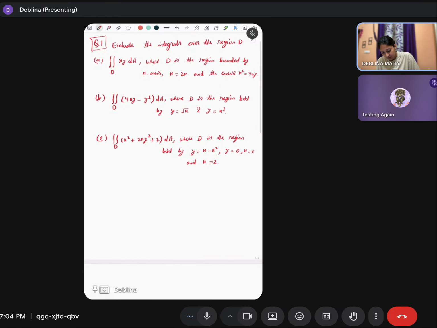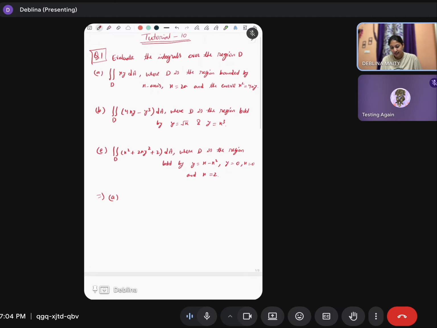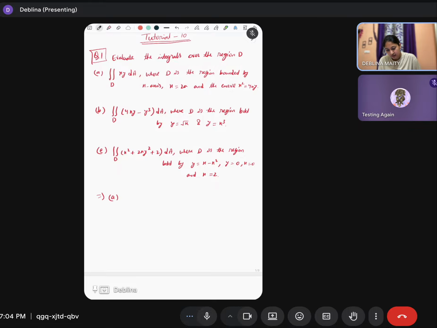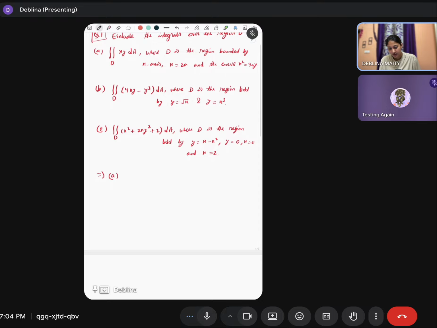Okay, so we'll solve first A. So here D is the region bounded by these 3 curves, right? So what is D first? We'll check.